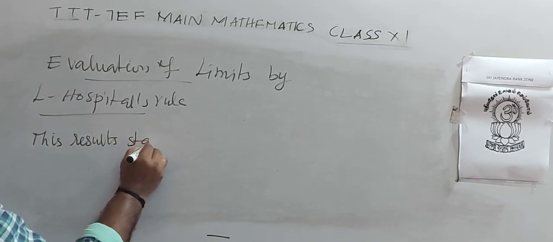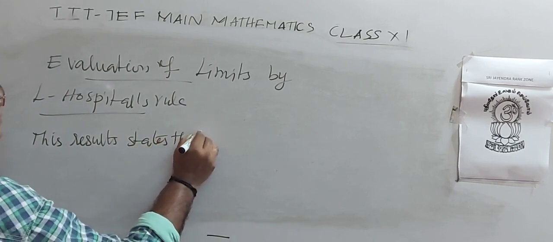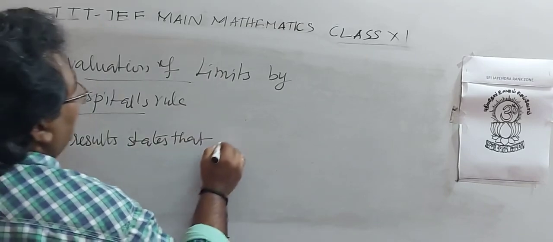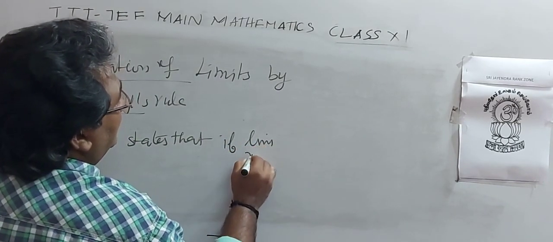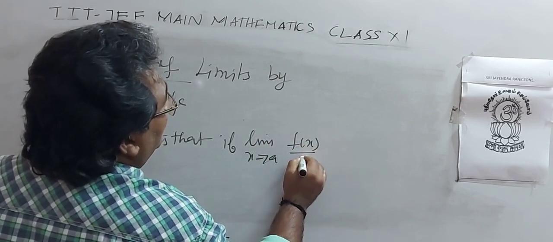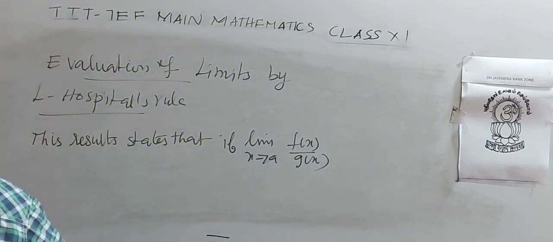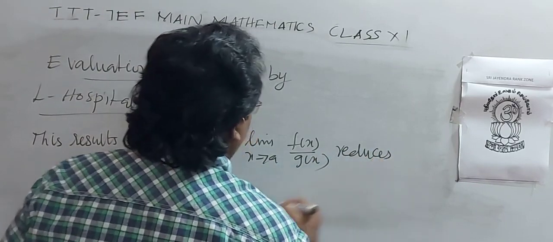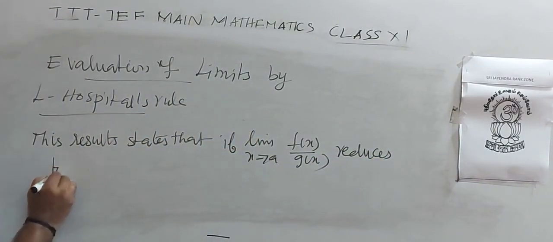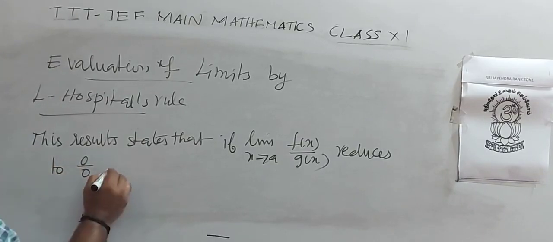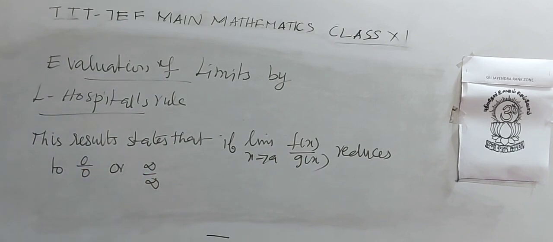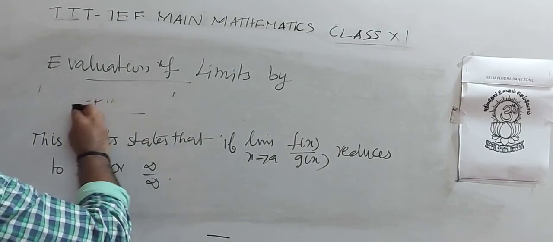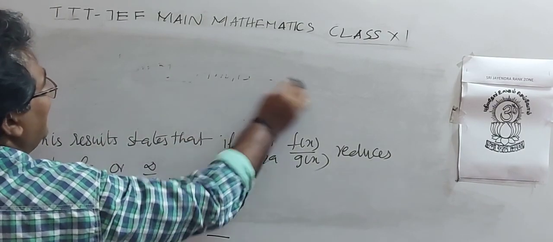This result states that if the limit as x tends to a of f of x by g of x reduces to 0 by 0 or infinity by infinity, so this rule is applicable only for these two forms, 0 by 0 or infinity by infinity form only.